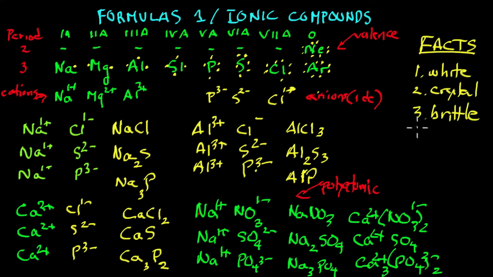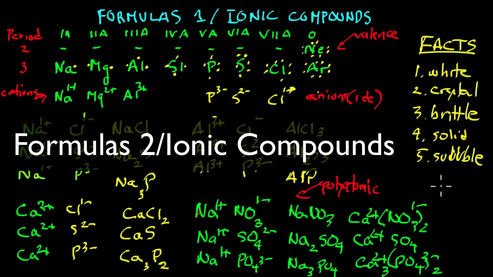Smash them, they break, not like metals bend. They are solids, of course. Most of them are soluble in water. They'll dissolve in water. So you would learn to memorize or discover these things by observing them. I would go on now to formulas number 2 session, and we will stop right there.